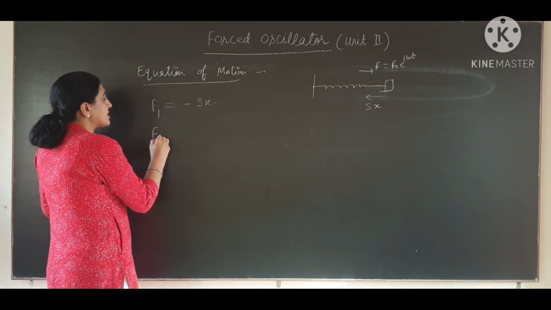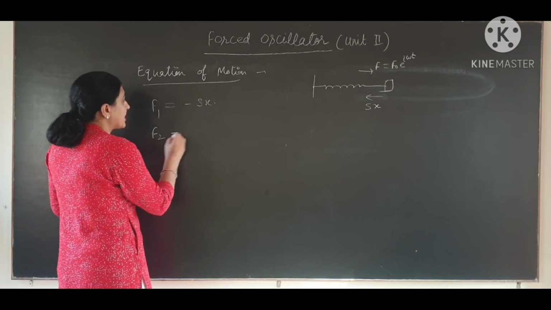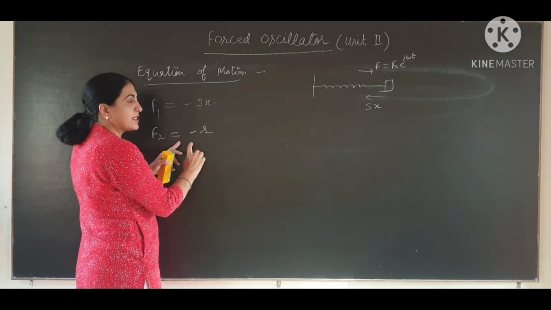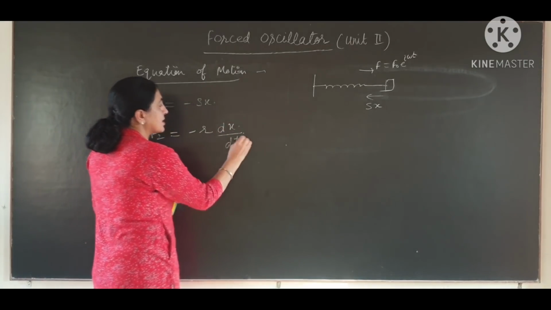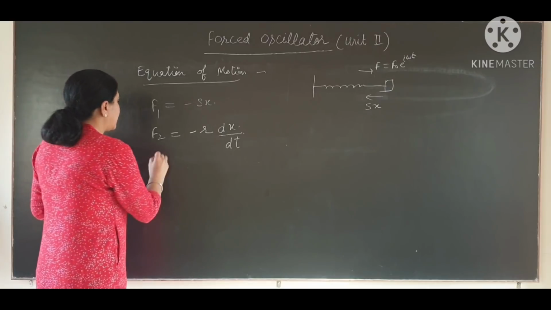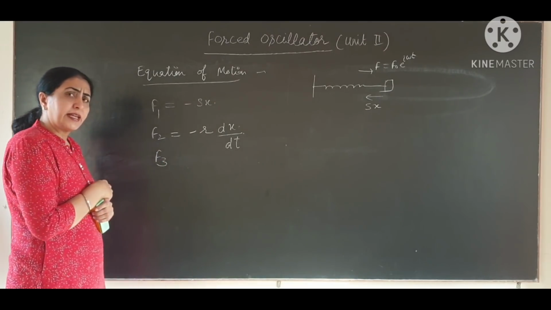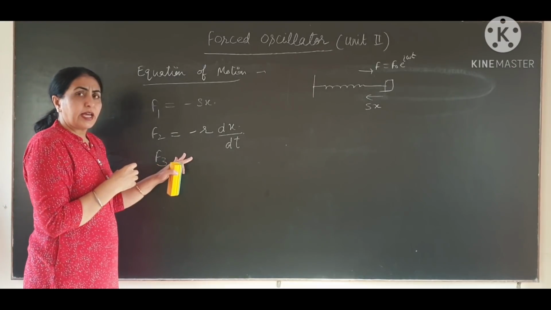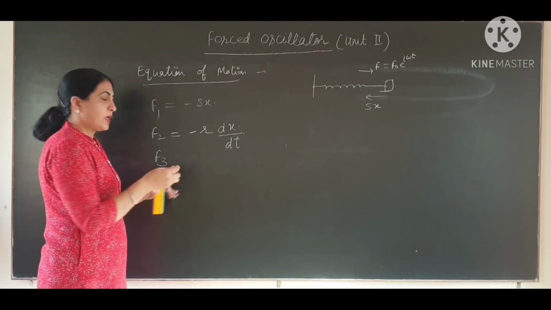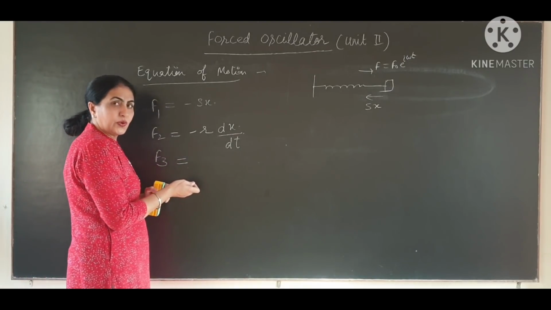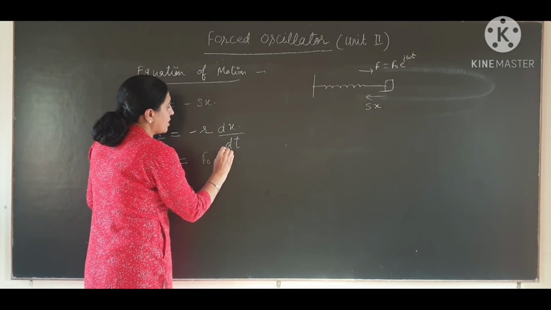The second is the damping force, because it is a damped oscillator; in the case of a mechanical oscillator, it is equal to minus R dx by dt, where R is the damping constant. And the third force, F3, is equal to F naught e raised to the power iota omega t.